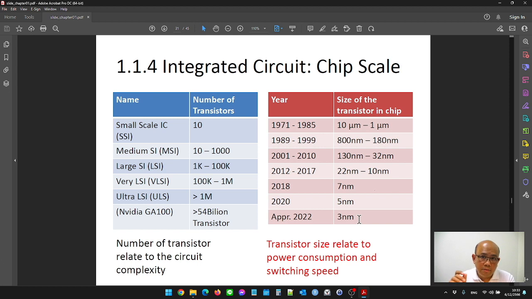That is a very small object in the microchip. Today, I think chip makers have a limit when they create a chip smaller than 1 nanometer. That is very hard to control for making the circuit.